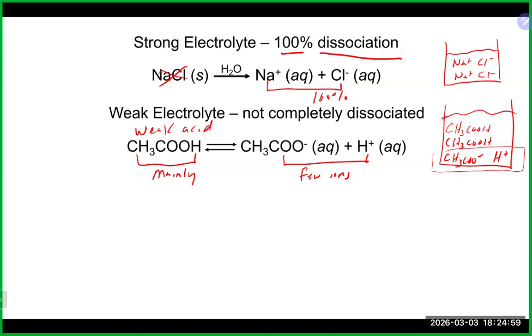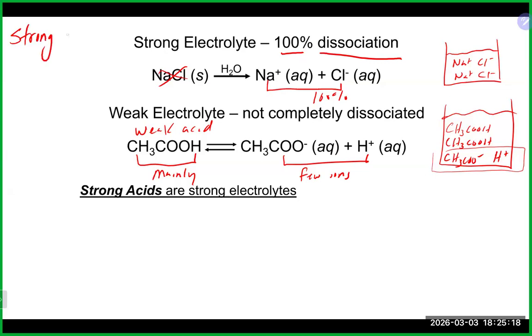So acids and bases can be strong acids or weak acids, or strong bases or weak bases, which means they are also strong electrolytes or weak electrolytes. When we talk about strong acids, there is a list of some common strong acids, which is really a good list to know. Because of this list, you can use it as a process of elimination.